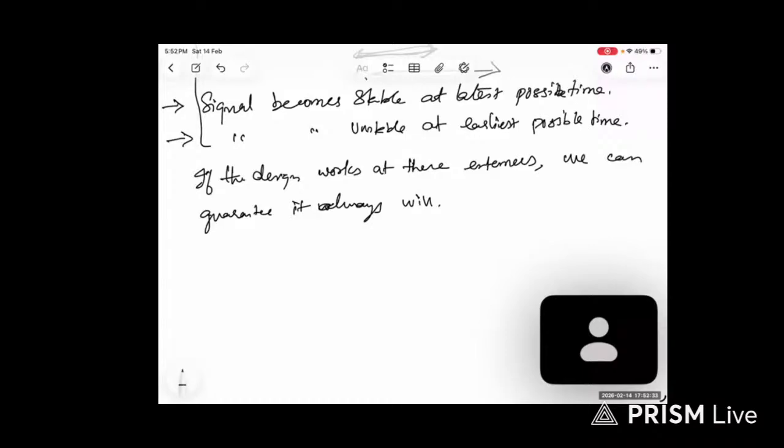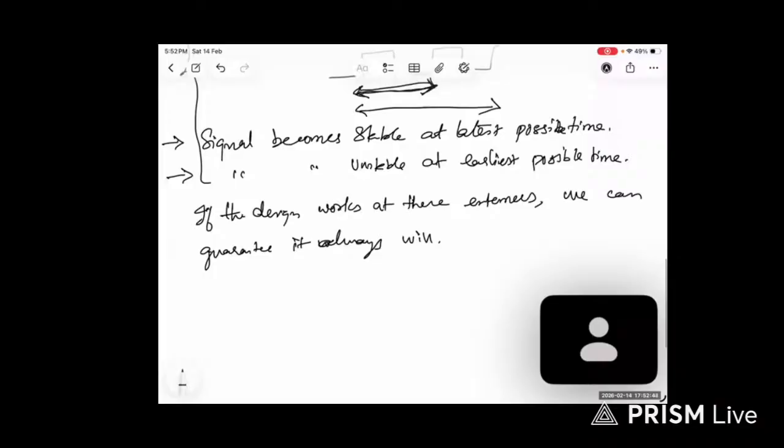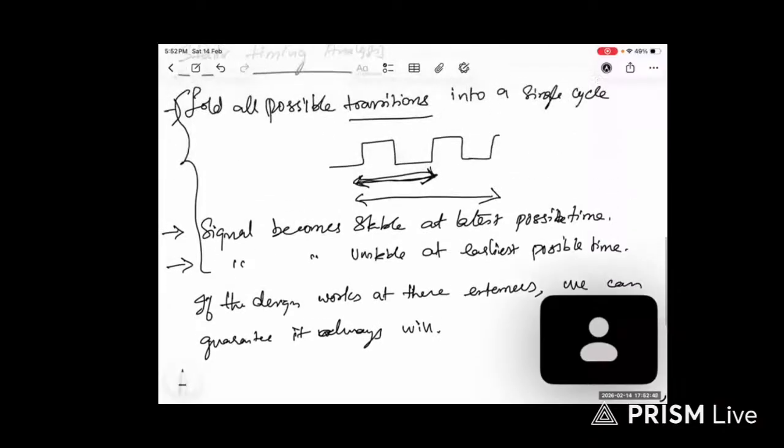By extremes you mean in one cycle, right? Yes, in a single cycle is one extreme. These are also two extreme conditions, which we have considered as assumptions. These are some extreme assumptions that we have made.